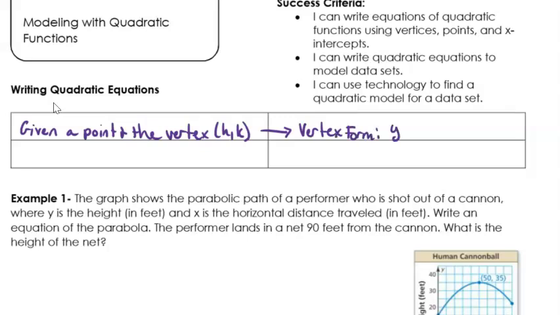which, we learned it back in 2.1, is y equals a times x minus h squared plus k.